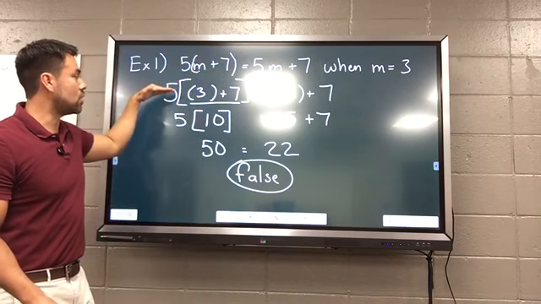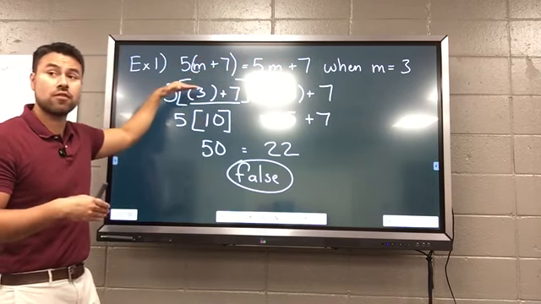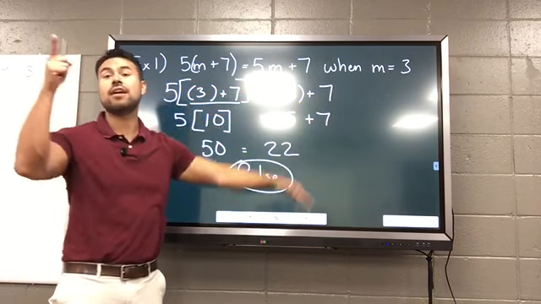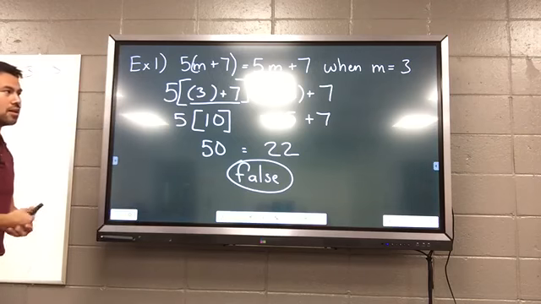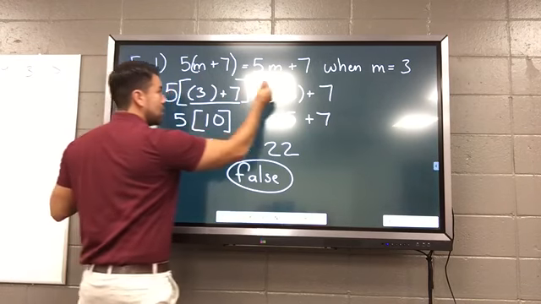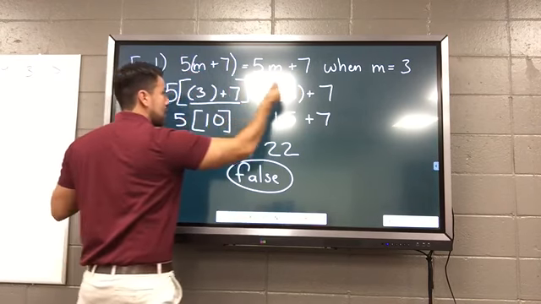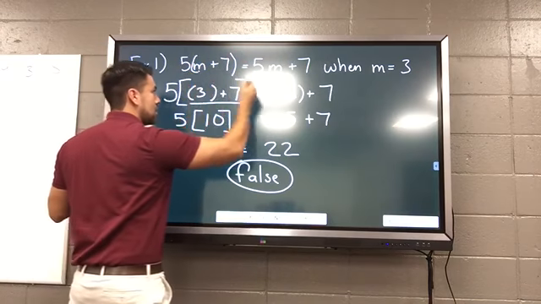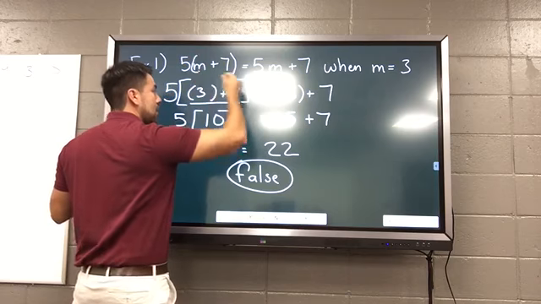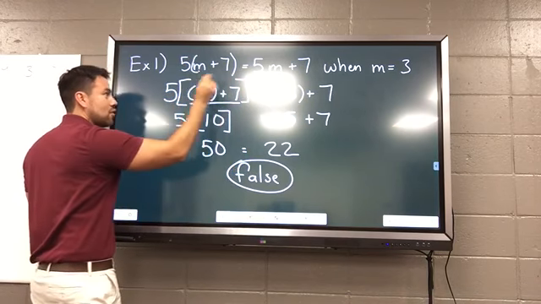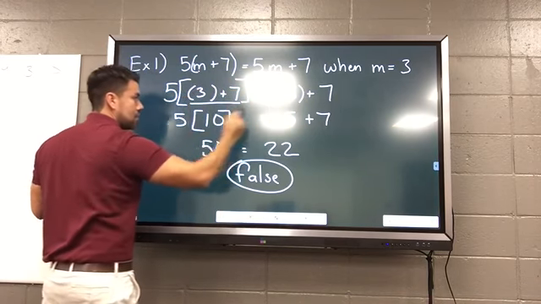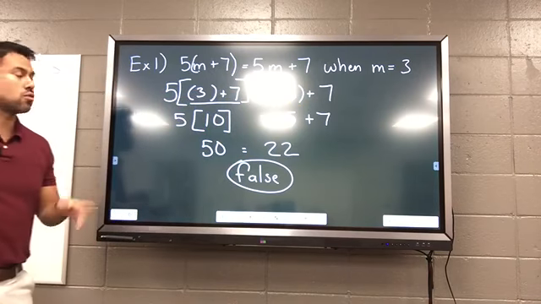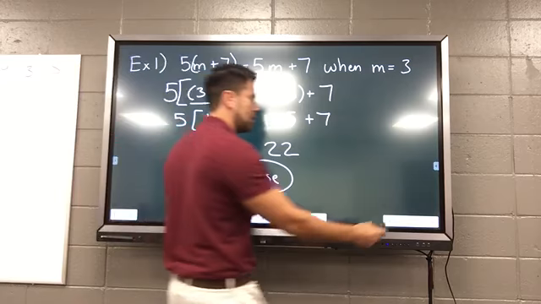Once I put 3 for the variable, it becomes now a closed sentence. Very good. Actually, Chelsea, I'm glad you brought that up. Up here, what they gave me was an open sentence. But when I put 3 in for the variable, it now became closed. So now I can determine true or false. That's a great point. Thank you for bringing that up.